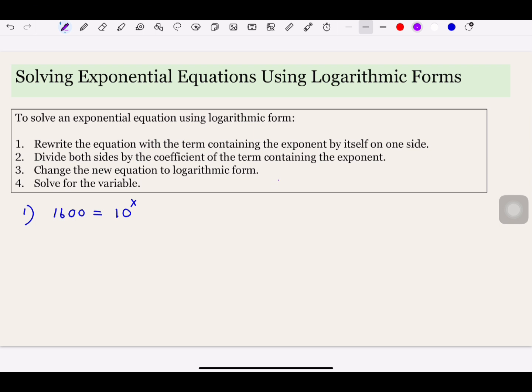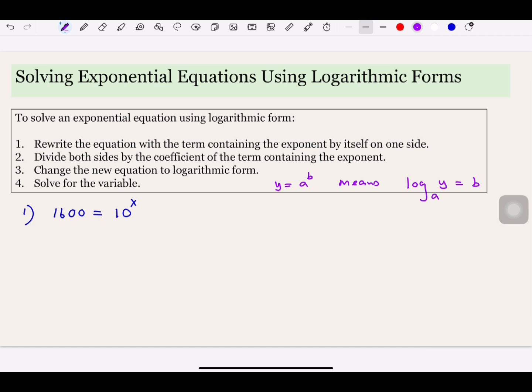Let's say y equals a to the power b. This means log base a of the output y equals the exponent b. This is the relationship between exponential function and logarithmic function.